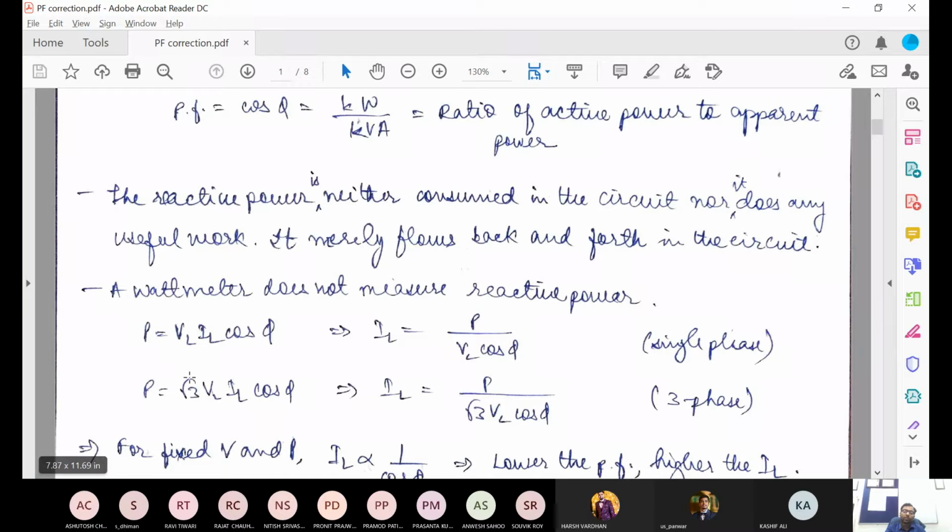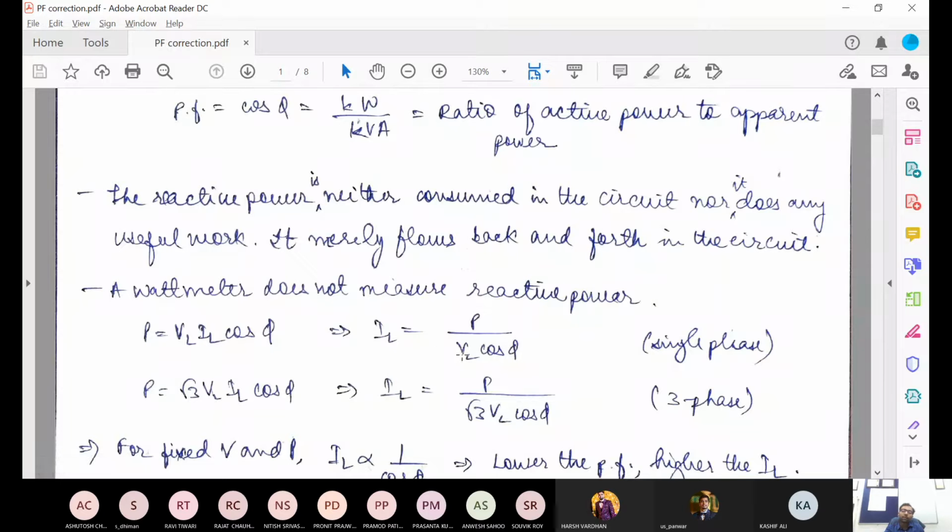Only what will change is the interrelationship of line voltage and line current with the phase voltage and phase current, depending upon whether it is a star or delta connection. But if you substitute the appropriate values of line voltage and line current in this equation, you will get the actual power transfer in the three-phase circuit. So √3 VL IL cos phi will always hold true.